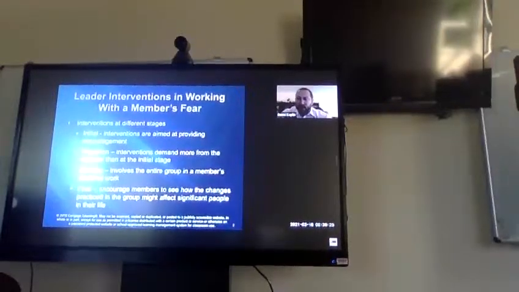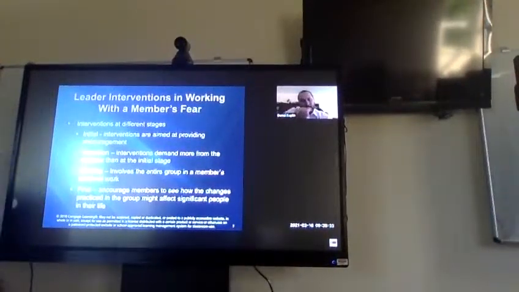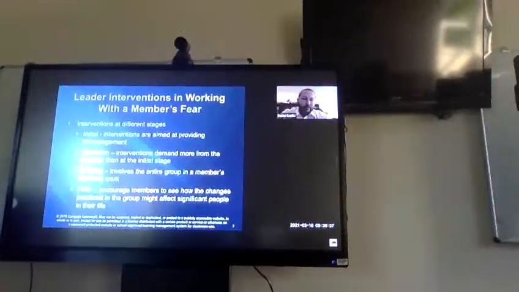So now the member has to be self-driven a little more. And then in the working stage, the entire group is working. The entire group is focusing on the member's personal work and vice versa.